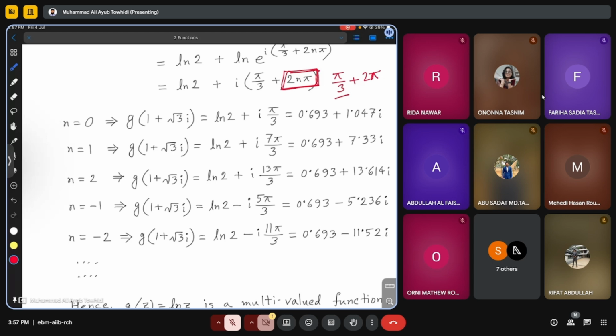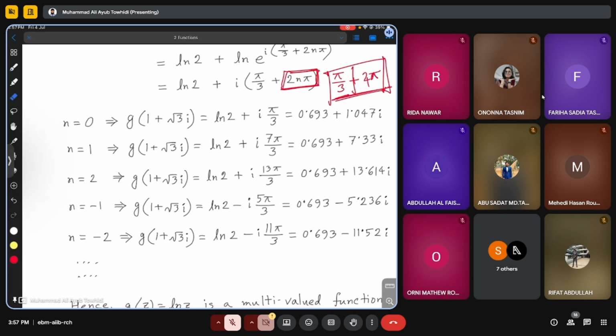Pi by 3 and pi by 3 plus 2 pi are at the same location, but their values are not the same. Pi by 3 is something, pi by 3 plus 2 pi is something else, pi by 3 plus 4 pi is something else. So it will change values.